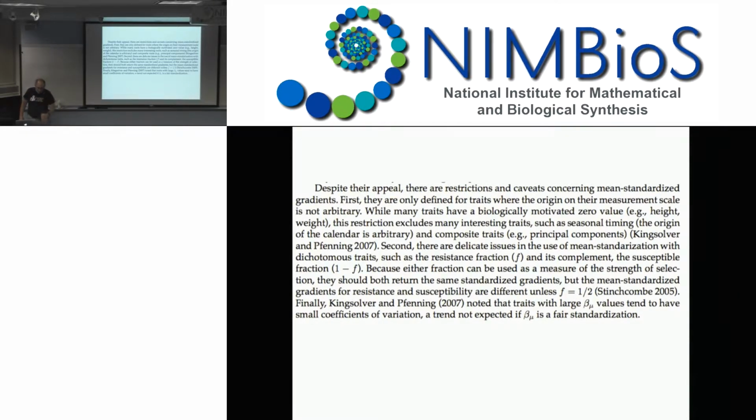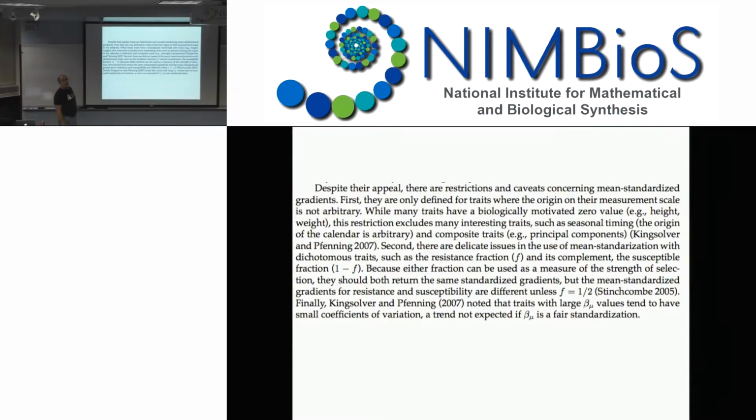However, as with everything, there are some caveats. And the caveat here is if a trait has a biologically motivated zero value, like height, then you can use mean standardization.